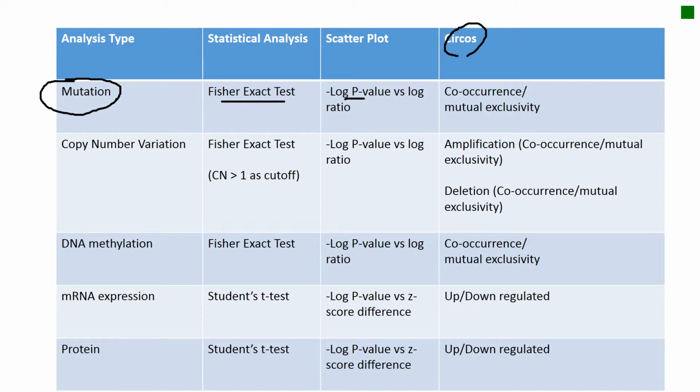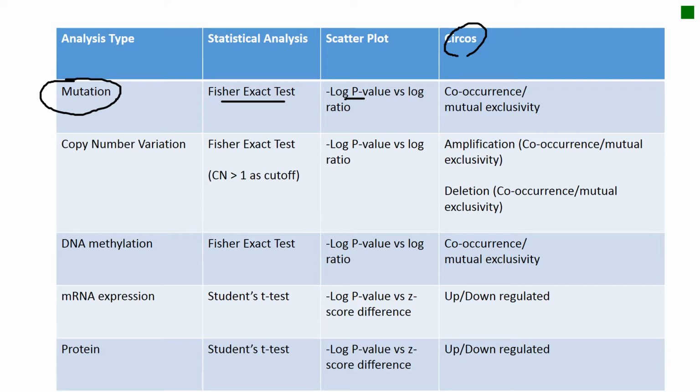In the subsequent exercise, you can apply the same principle to analyze the copy number variation, the DNA methylation, mRNA expression, and also protein. For copy number variation, one way you can analyze it is by using a copy number cutoff. If you look at the nature of the data set, it is continuous data.